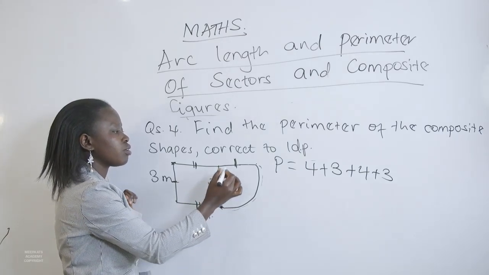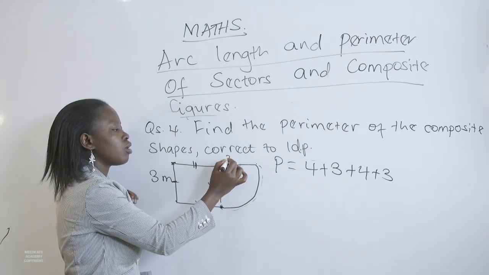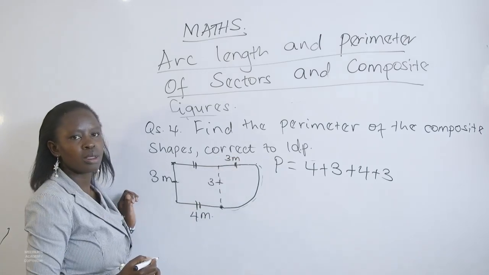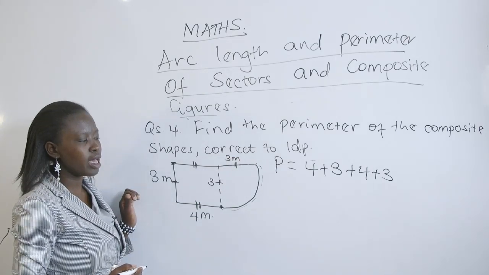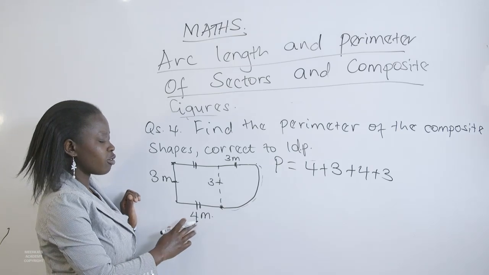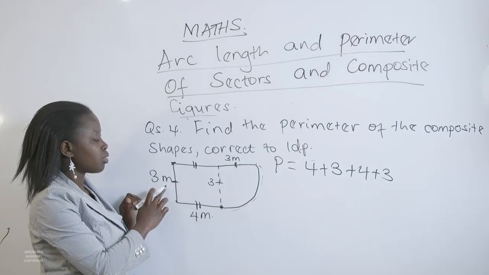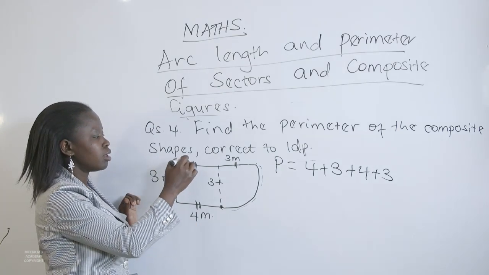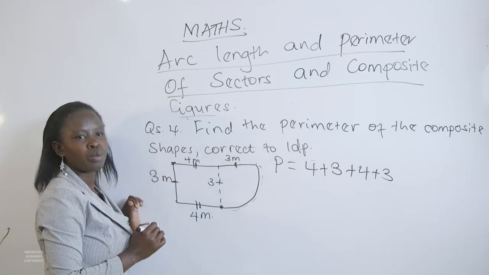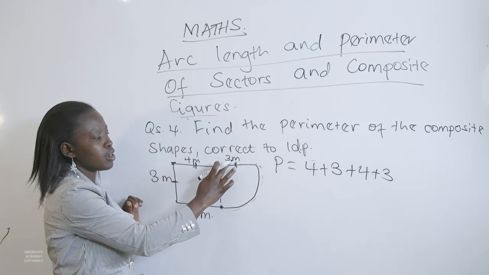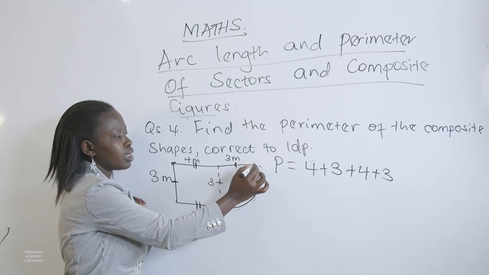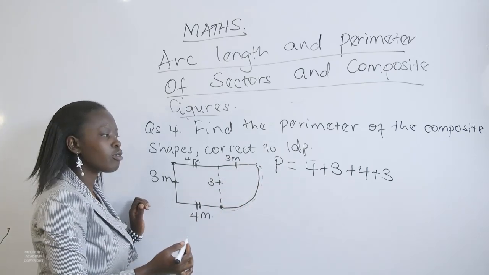So this is 3 meters. This one will also be 3 meters because they are equal. So I have 4 plus 3 plus 4 plus 3. Then I need to get the length of the arc.